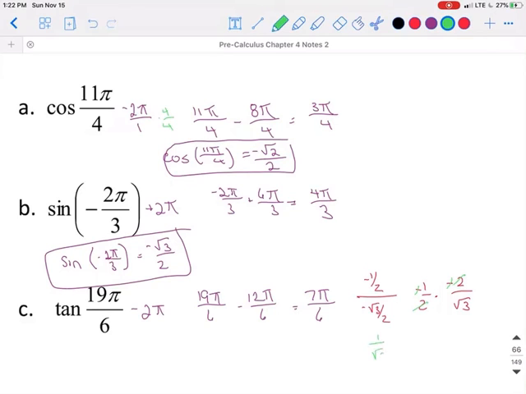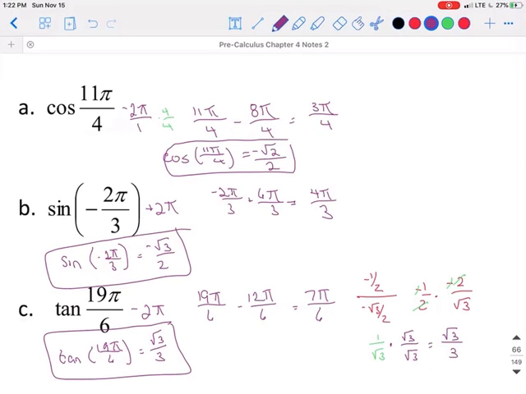So this is going to be 1 over radical 3. Since we can't leave a radical in the denominator, we're going to multiply the numerator and the denominator by radical 3. This is 1 times radical 3, or just radical 3, over 3. So the tangent of 19 pi over 6 will just be positive radical 3 over 3.